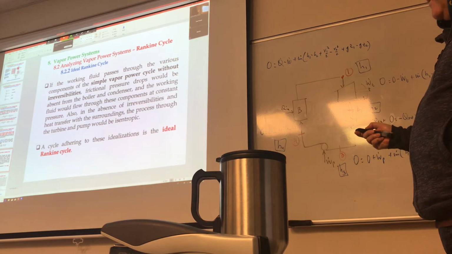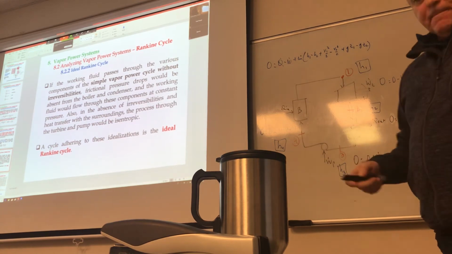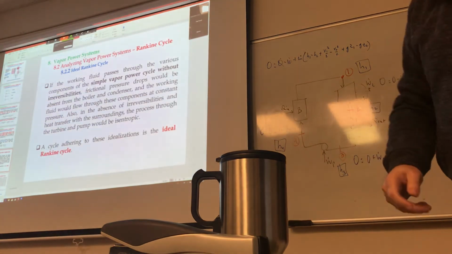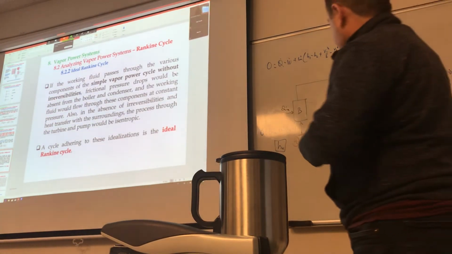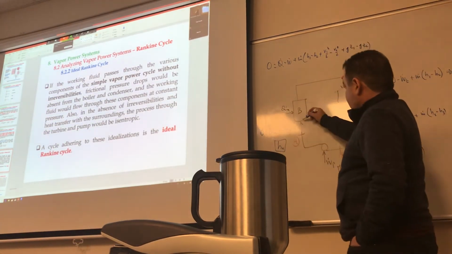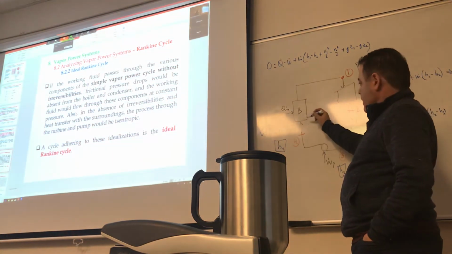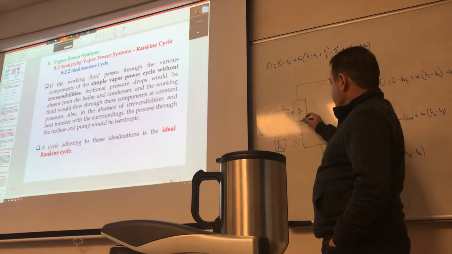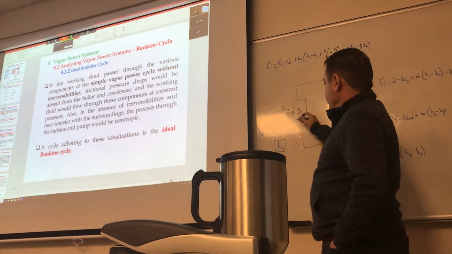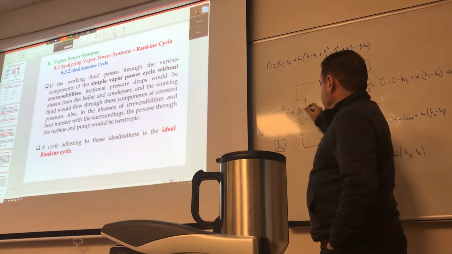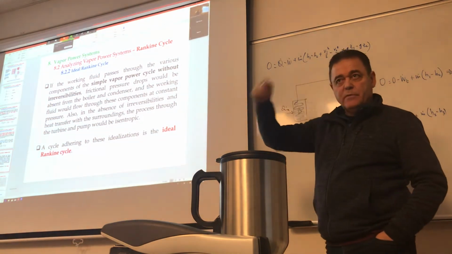Also, there would be no irreversibility in heat transfer with the surroundings. Okay, so this is another key part here. How do you think this heat transfer is occurring? Usually what happens is this fluid is being carried over by a piping of some sort, right?